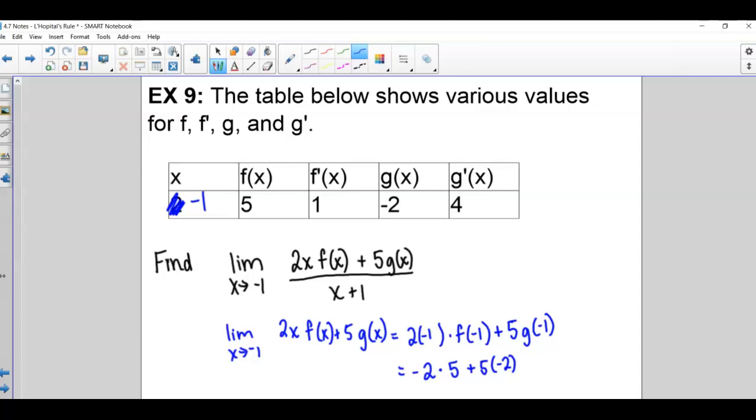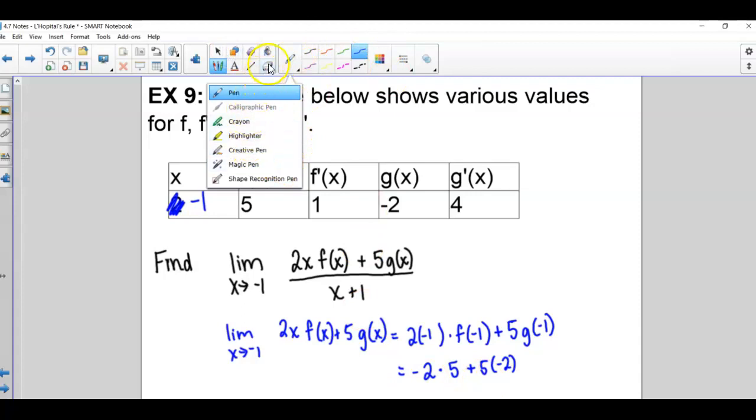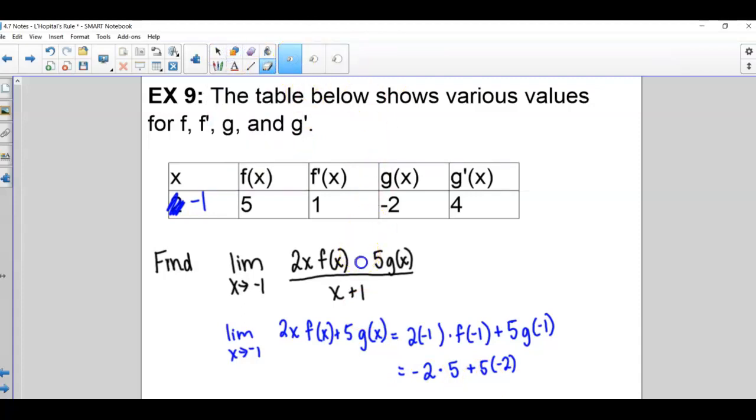Oh, I've messed up this problem. I think this was supposed to be a minus sign right here. Let's fix that. Yes, make that a minus sign. Okay, so if that's a minus sign, then that's going to give us negative 10 plus 10, which will give us 0.